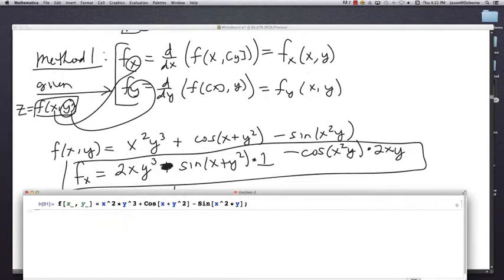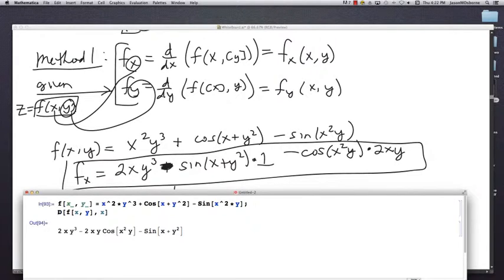Let's go to the next line here and enter. Take the derivative, d, of this function f of x with respect to x, and hit shift return, and here is your answer for the partial derivative of f with respect to x.